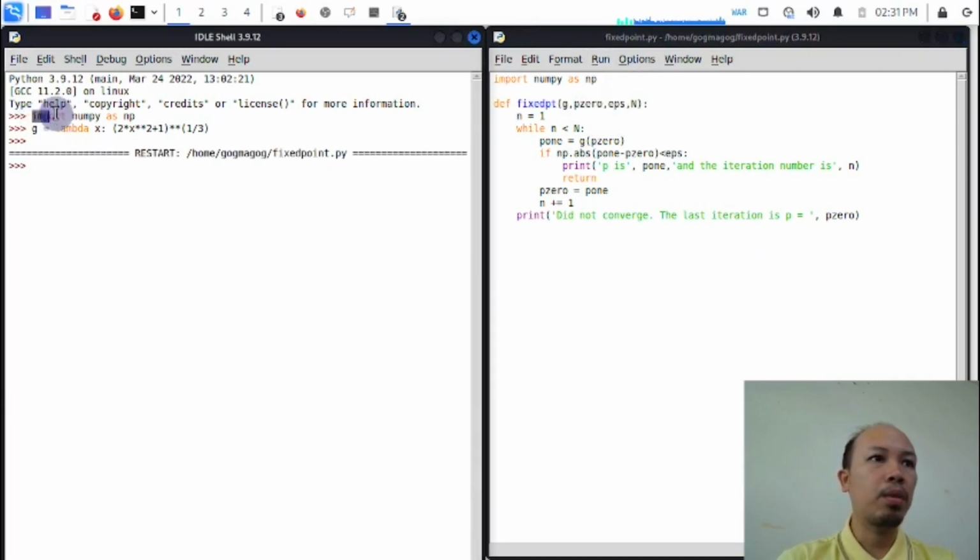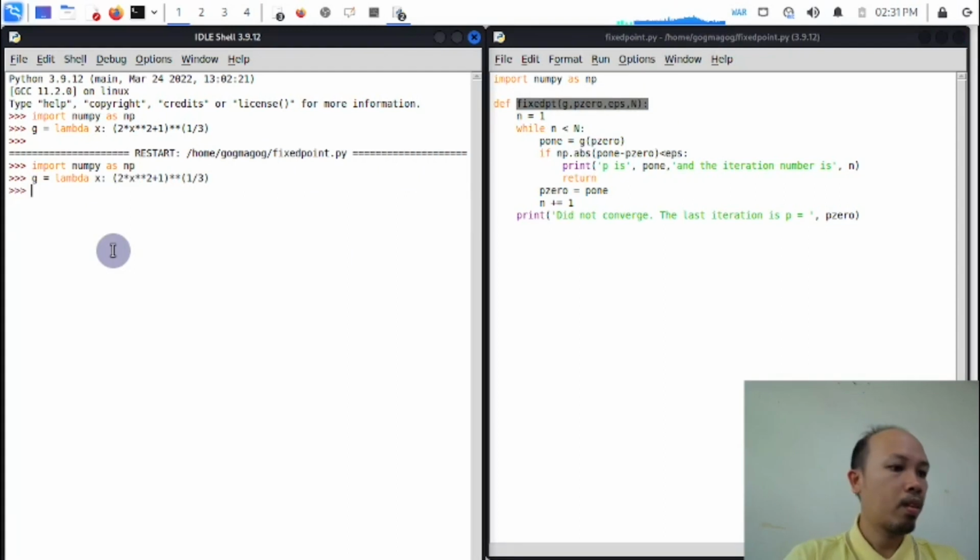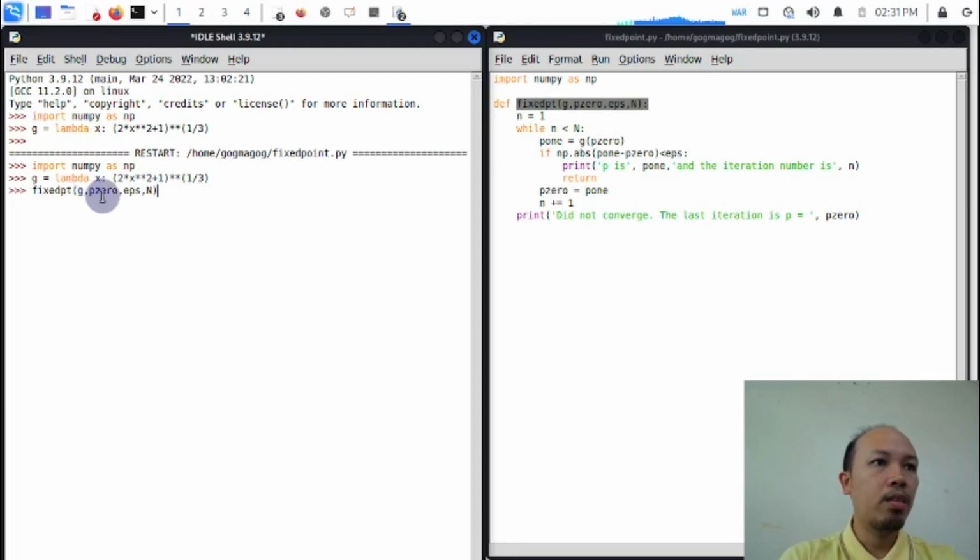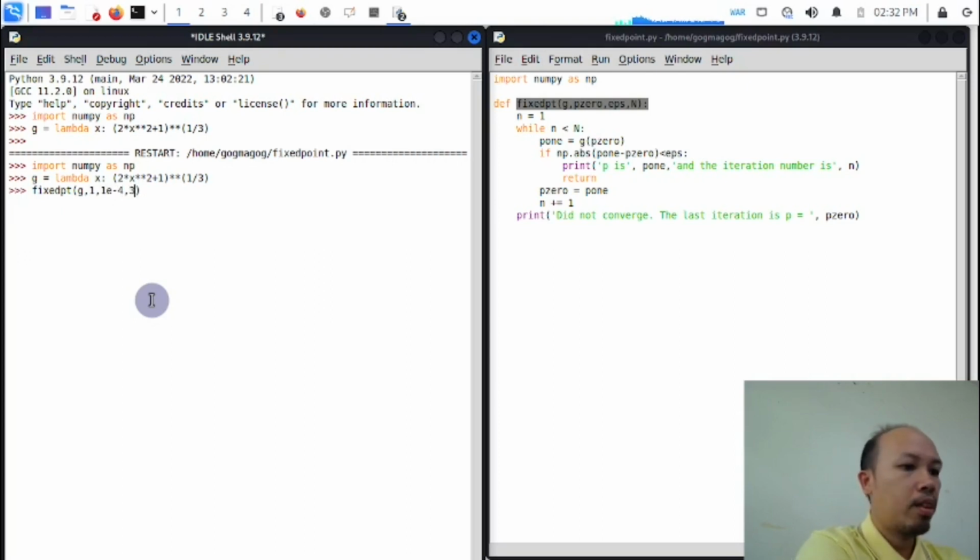Then copy, enter, and then copy, enter, and then copy this one. Okay, and then we have p sub 0 is equal to 1, and our tolerance is 1 times 10 to the negative 4, and our n is 30.